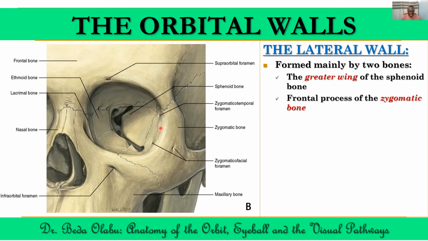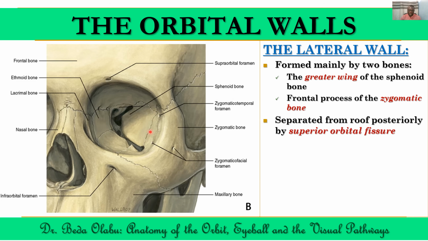So as you can see, those are the two major bones in the lateral wall. There's a fissure separating them, as you can see there. When you take this lateral wall posteriorly, you will note that the lateral wall is separated from the roof via the superior orbital fissure.